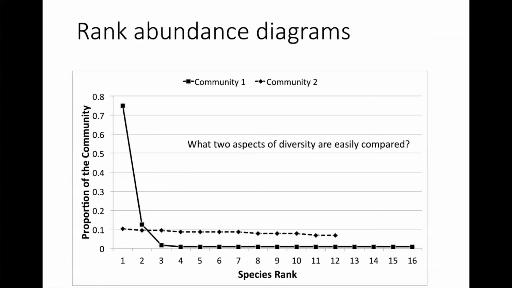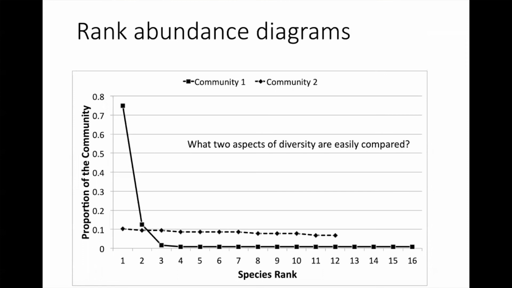Well, one way we can do that is to actually make a plot. This is called a rank abundance diagram. And when you scale the y-axis here to proportion instead of number of individuals, we call it a Whittaker plot, named after an ecologist, Robert Whittaker. But really, it's just a form of a rank abundance diagram. And the species rank, anyone guess what we mean by species rank based on this graph?